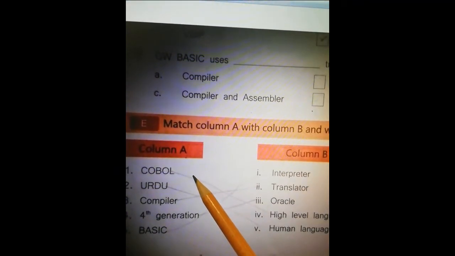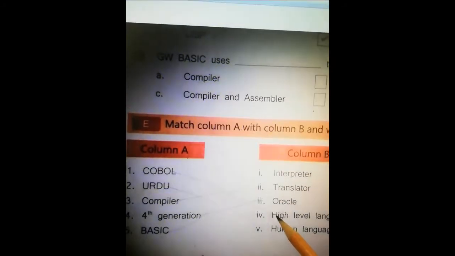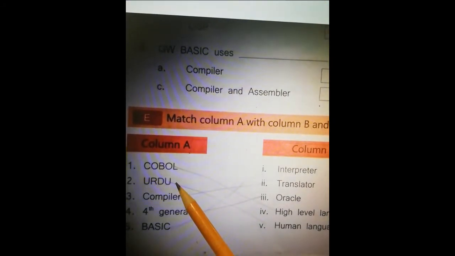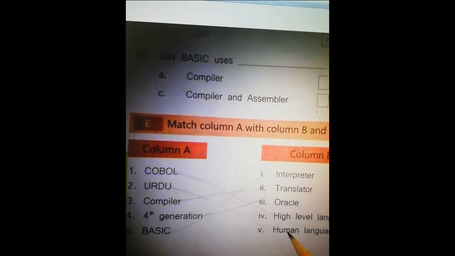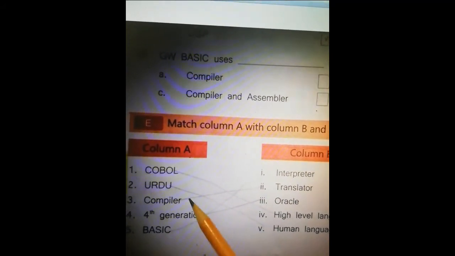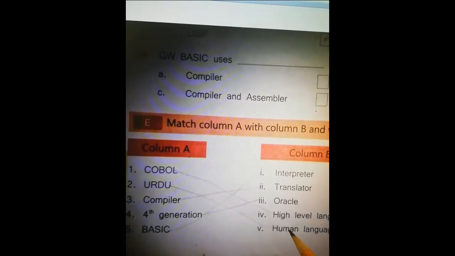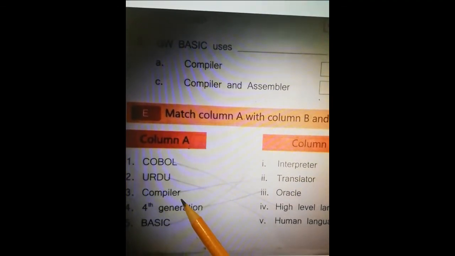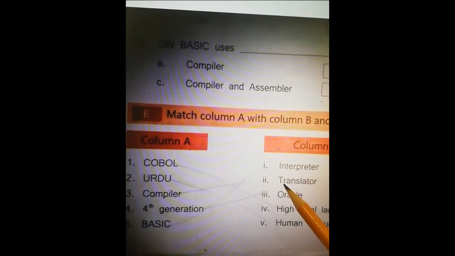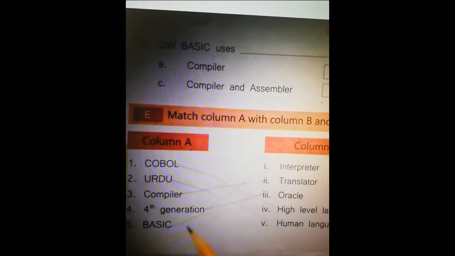So match number 1 with the high level language. Number 2. Urdu. Urdu is a human language. So match Urdu with number 5, human language. Compiler. Compiler is basically a translator, so match with the number 2.